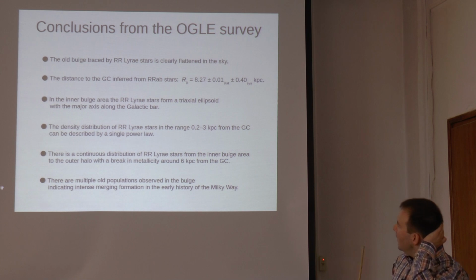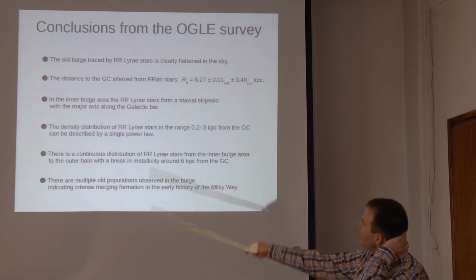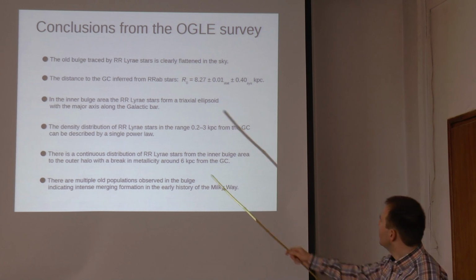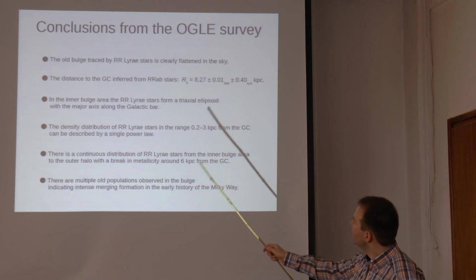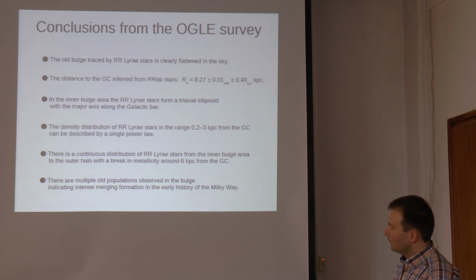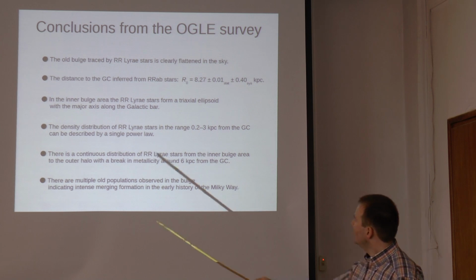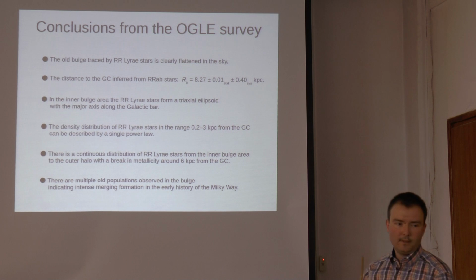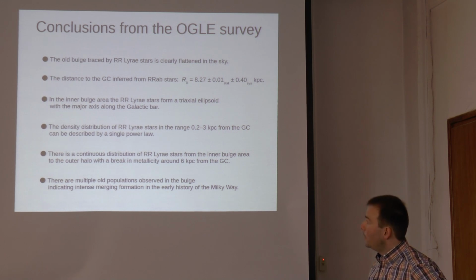Okay, and actually, this is what I said, here is compiled. So the distance to the galactic center from RR Lyrae stars, and that they form this elongated structure, and that there are at least two populations.